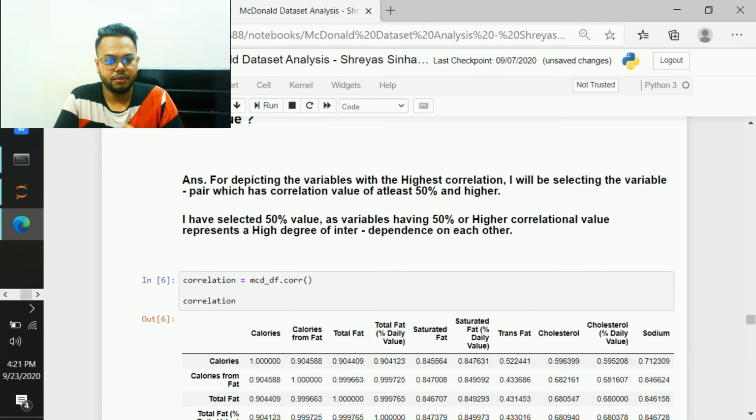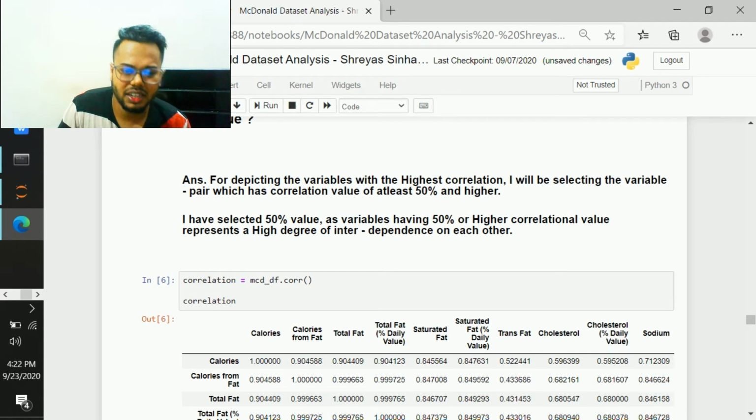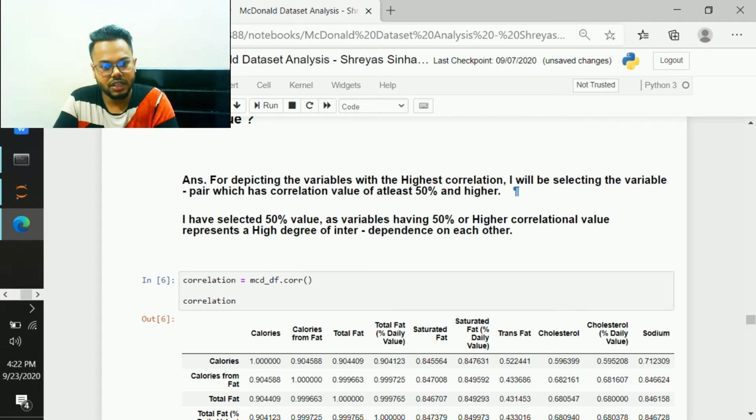Next question: which variables have the highest correlation? Plot them and find out the values. For depicting the variables with the highest correlations, I will be selecting the variable pairs which have a correlation value of at least 50% and higher. Every person has their own perspective as to which pair to select and what percentage to use for the correlation analysis.